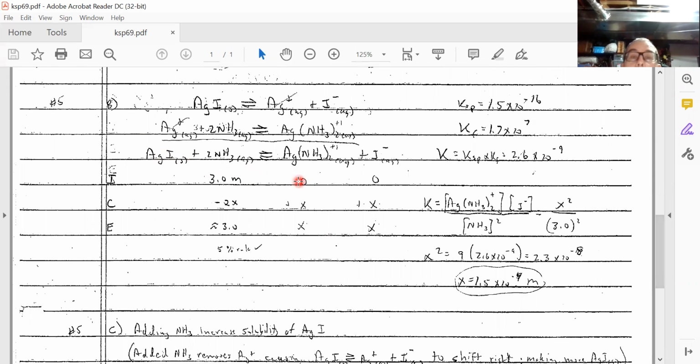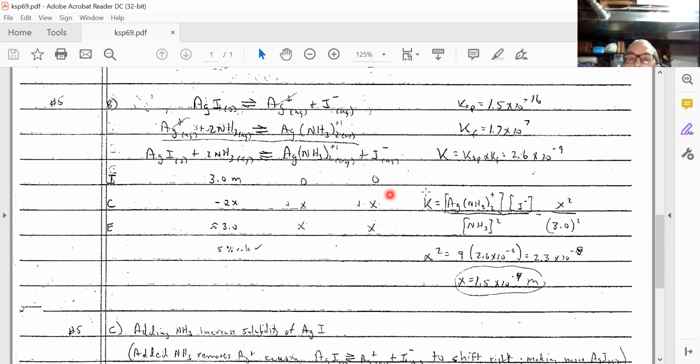So this is going to break up into this and this, and the ratios are going to be the same, X and X. When it does break up, it's going to use some of the NH3. So technically, this is going to be 3.0 minus 2x, but this 2x is going to be small compared to the 3.0. So now we can solve this.